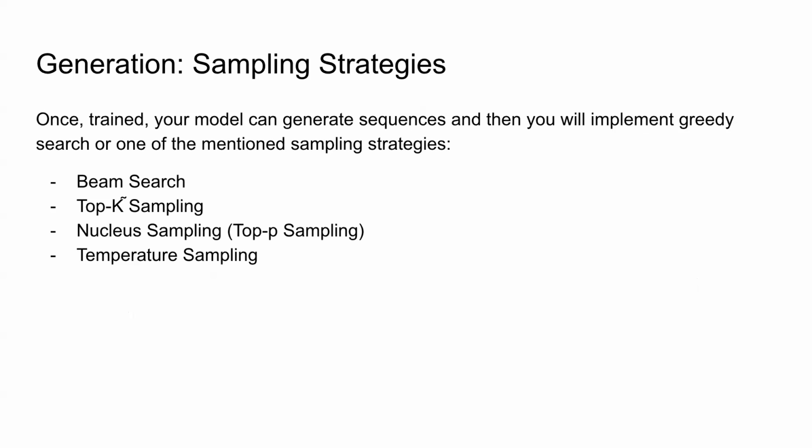The simplest way is greedy decoding, where you choose the largest logit to decode from, but you have many other ways to do this. Like beam search, where you search among the best three or best five. We can have top K sampling, nucleus sampling, temperature sampling, and other advanced decoding strategies. Just to mention that this is not trained in your code, it's just at inference time.